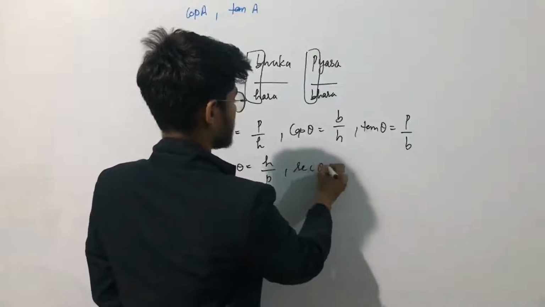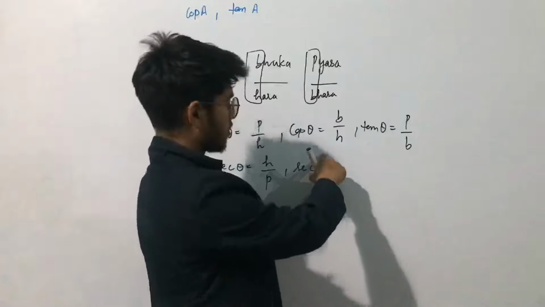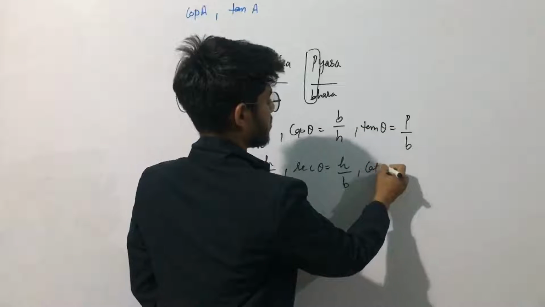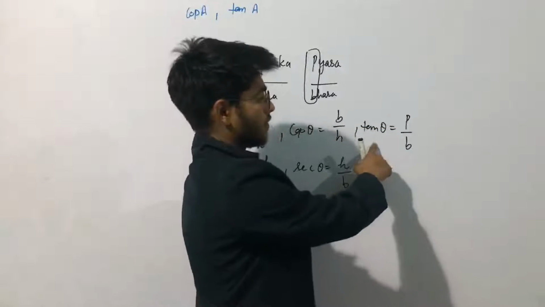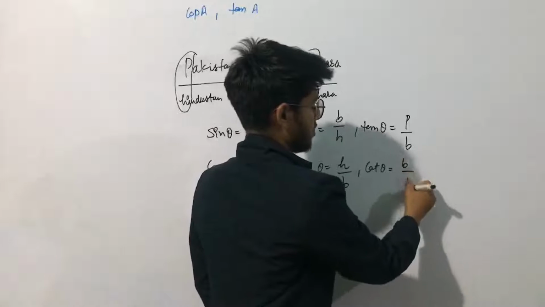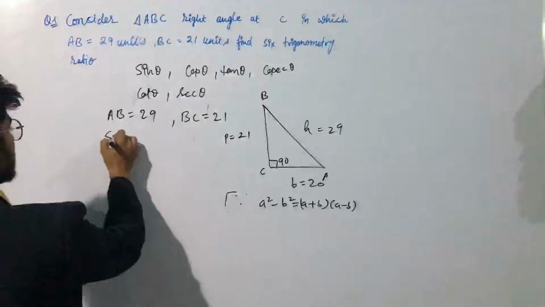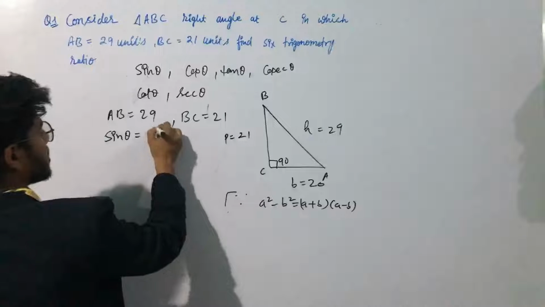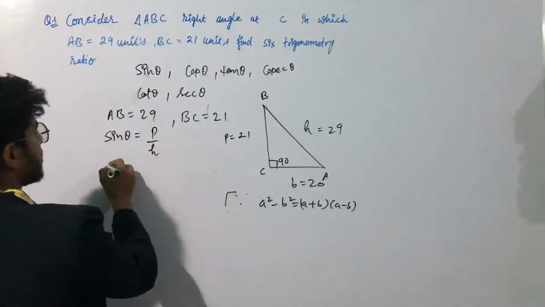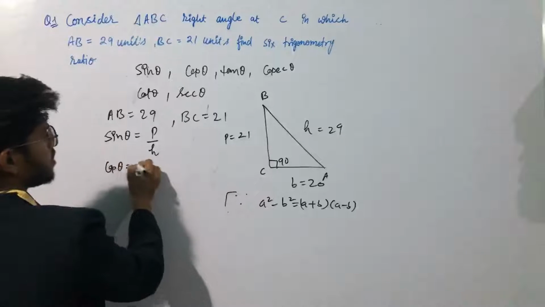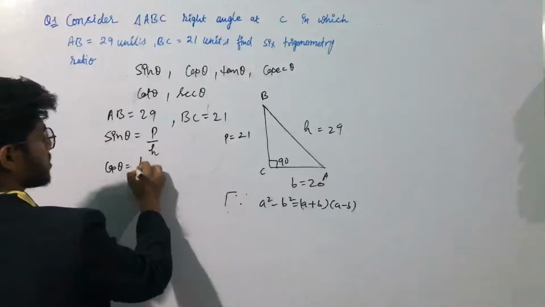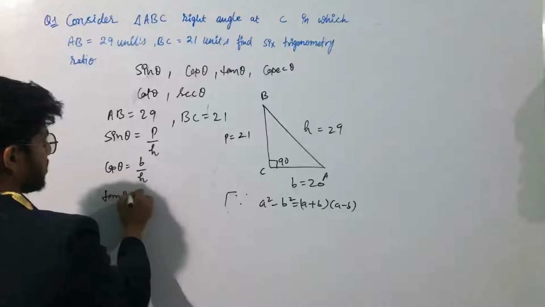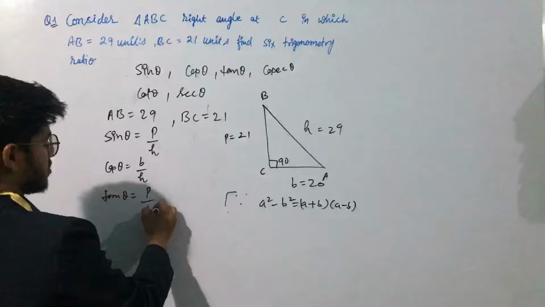Sec theta is the opposite of cos theta, hypotenuse upon base. Cot theta is the opposite of tan theta, base upon perpendicular.